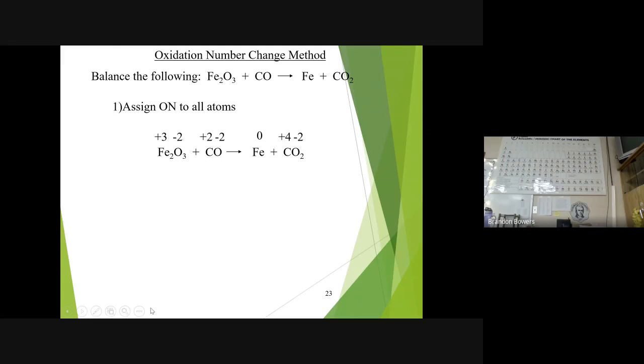That was pretty cool. Okay, did that. Step 2. Identify which atoms are being oxidized and reduced. I feel like we kind of already learned steps 1 and 2. Okay, so what is being oxidized? What is being reduced? Anybody got a guess?